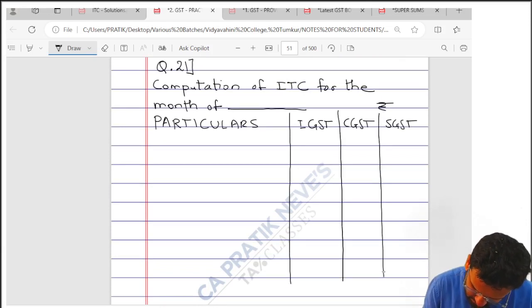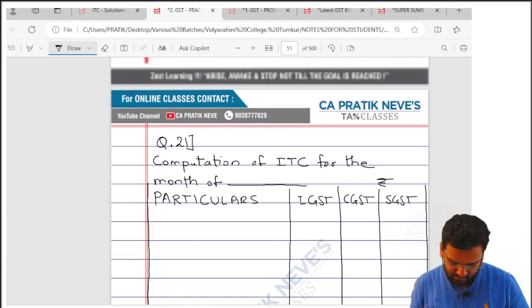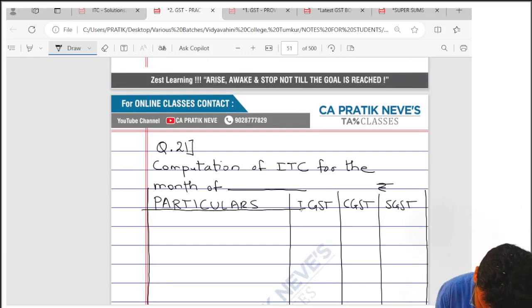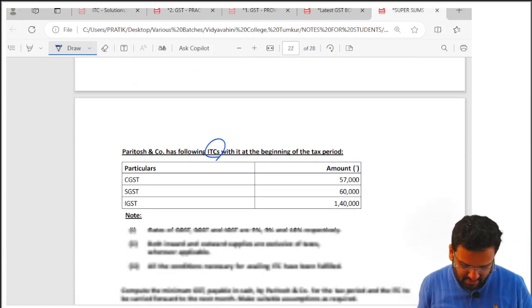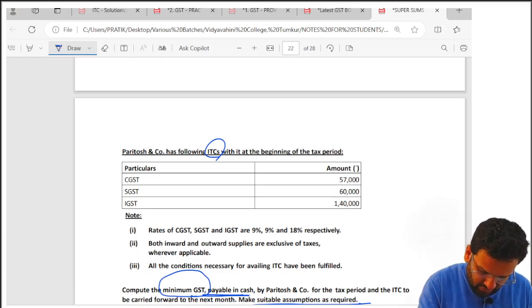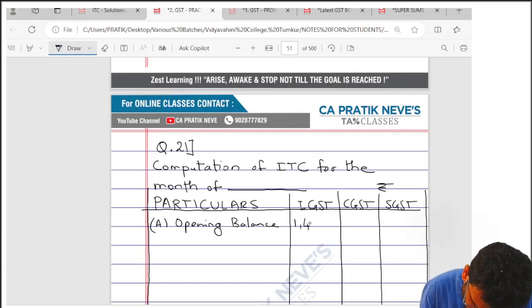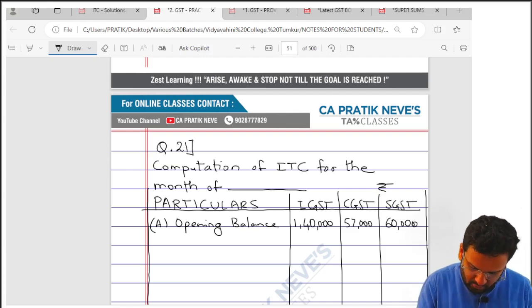It will start with point A, opening balance. The opening balance is 1,40,000, 57,000, and 60,000. All of you must have got it.